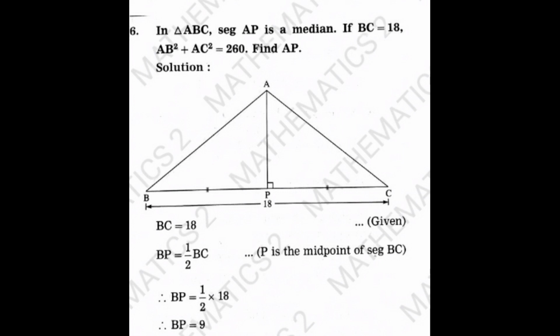Whenever we are given a median and the 3 sides, out of these 4 lengths, if the lengths of 3 are given, we'll use Apollonius theorem. So first we'll find out BP. Since P is the midpoint of BC, BP is equal to half of BC. BP is equal to half of 18. So BP is equal to 9 units.